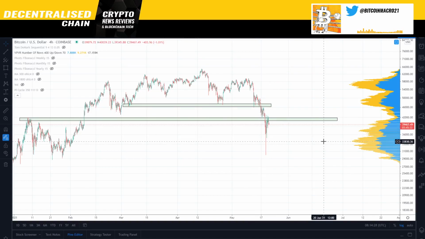You can't really estimate, like I said before, the exact perfect bottom. Maybe you could have had some bids on the 300-day moving average, but in my opinion, even having some on the volume profile right there wouldn't be a bad idea, because essentially that was where the Tesla pump kind of started, when Elon Musk actually got in. When they started buying Bitcoin, they started buying around that area, and that's why maybe the price could have found some support right there.